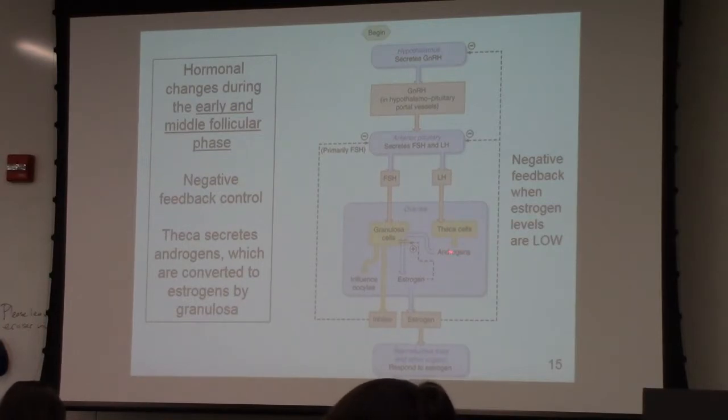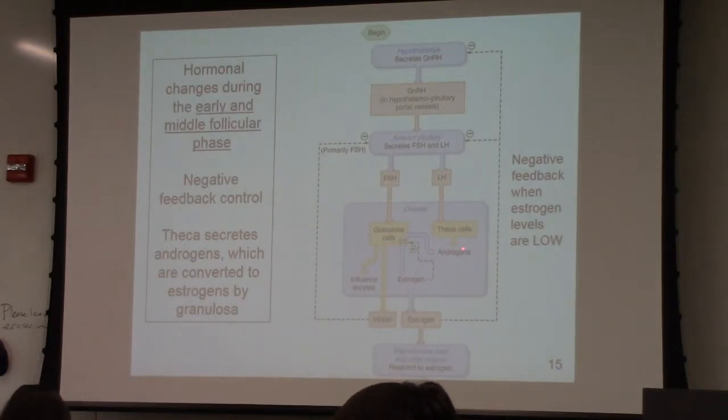Androgens are released locally, so they are both endocrine and paracrine molecules. When acting locally, the androgens diffuse to the granulosa cells, which are being developed in response to FSH, and the granulosa cells convert the androgens into estrogens. Theca releases androgen, just like Leydig cells release testosterone.